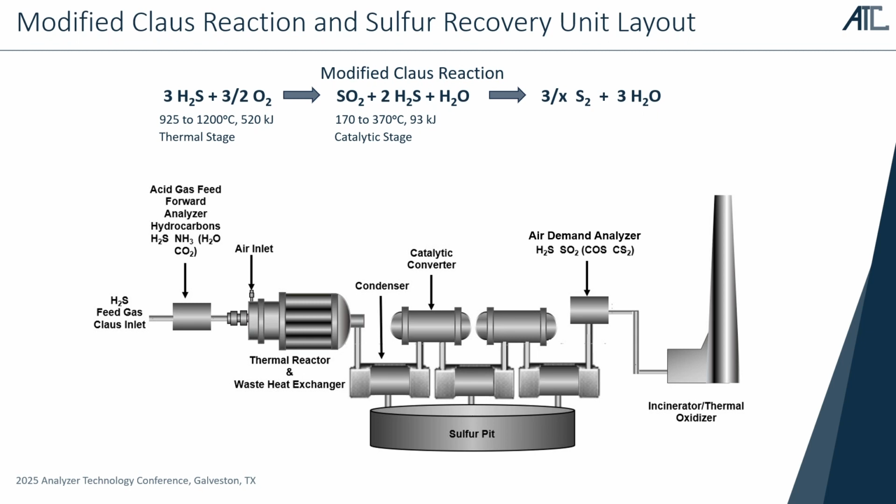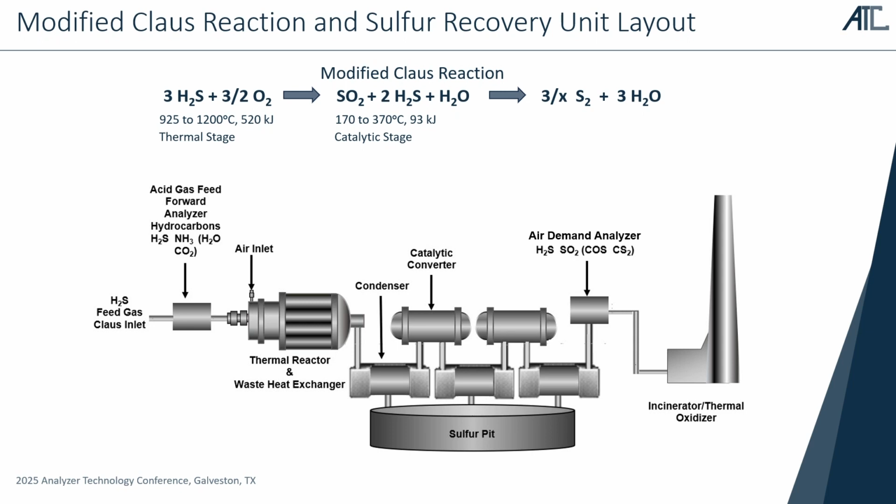Unfortunately, batch process doesn't work really well for continuous modern chemistry. So in the 1930s, I.G. Farben, as part of the German war effort, came up with the modified Claus process, where we break it down into two different reactions. Essentially, we combust a third of the H2S with oxygen, and then react that SO2 product and the H2S to produce sulfur and water as a reactant.